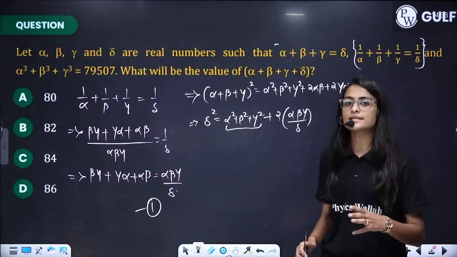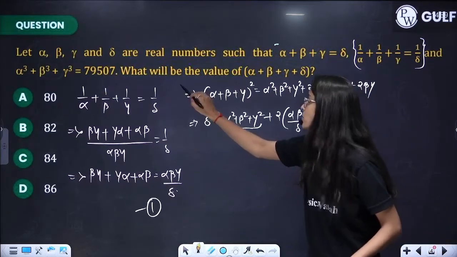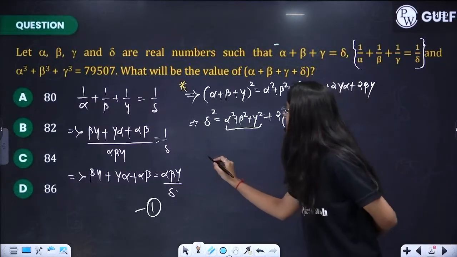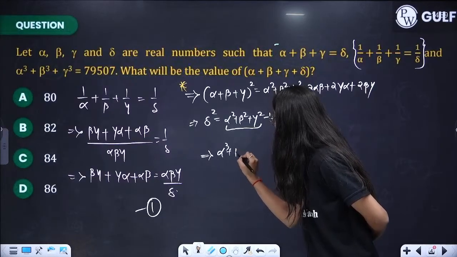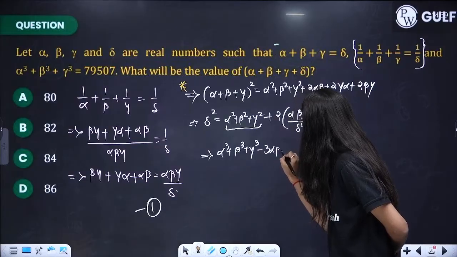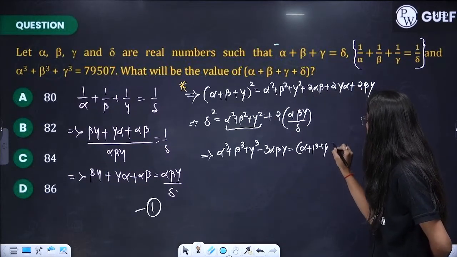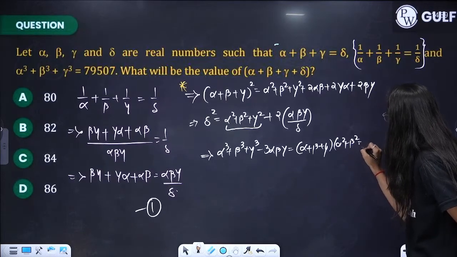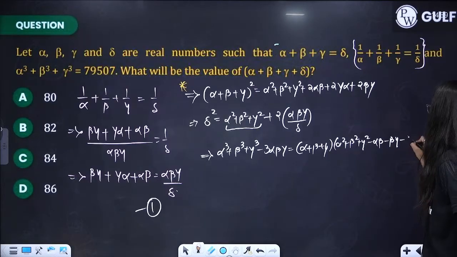So to resolve these terms, we will be using one more identity. Here I'm making a star mark, you can note it down. Your second identity would be alpha cube plus beta cube plus gamma cube minus 3 alpha beta gamma is equal to alpha plus beta plus gamma multiplied by alpha square plus beta square plus gamma square minus alpha beta minus beta gamma minus gamma alpha.